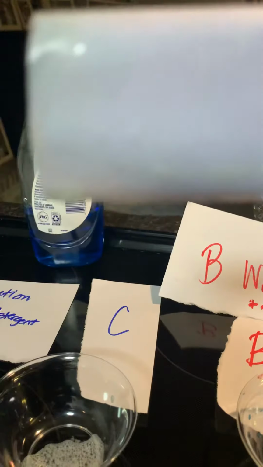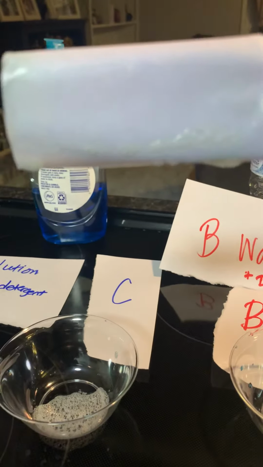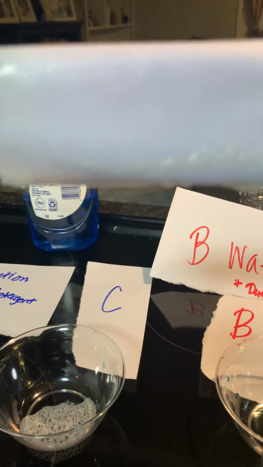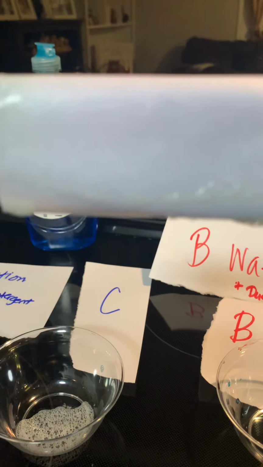So we see the red above the bluish green. So what does that tell you about the solution with the Dawn dish detergent? It has a density slightly higher than 1, maybe 1.001, but it's just slightly above that of the water.